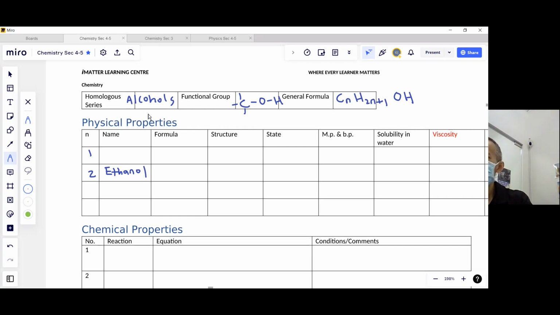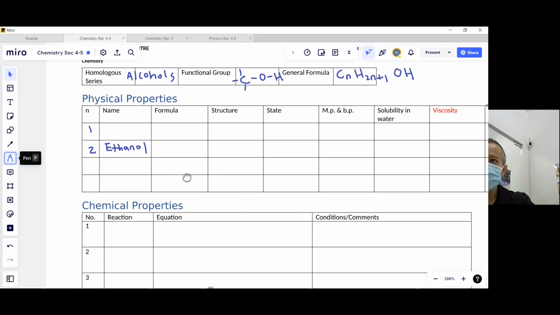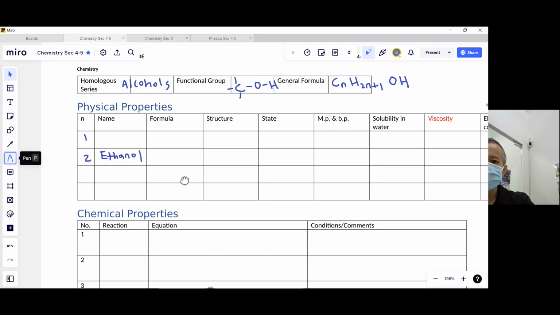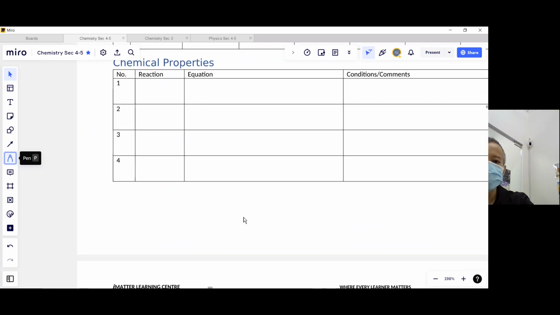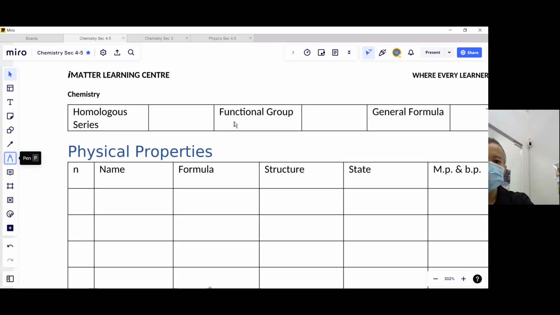Now let me jump the gun and go to page 4, the last group that you need to know. The last group, page 4, is called carboxylic acids. I think I'd better write it up for you.